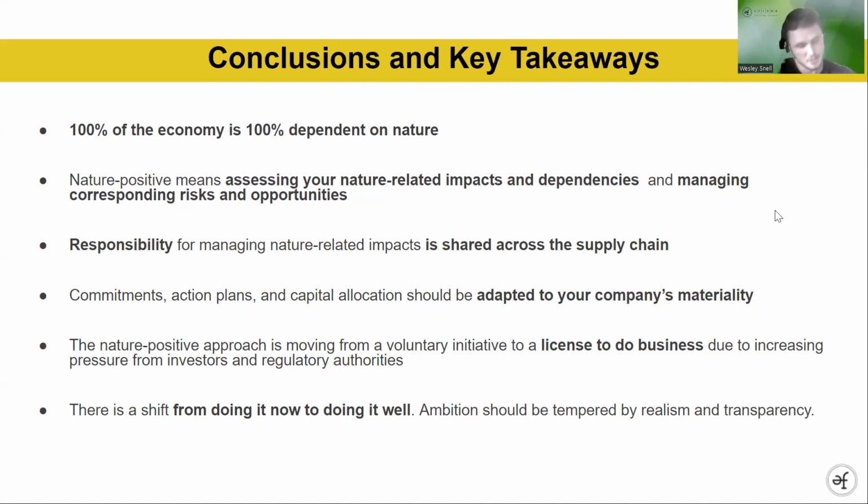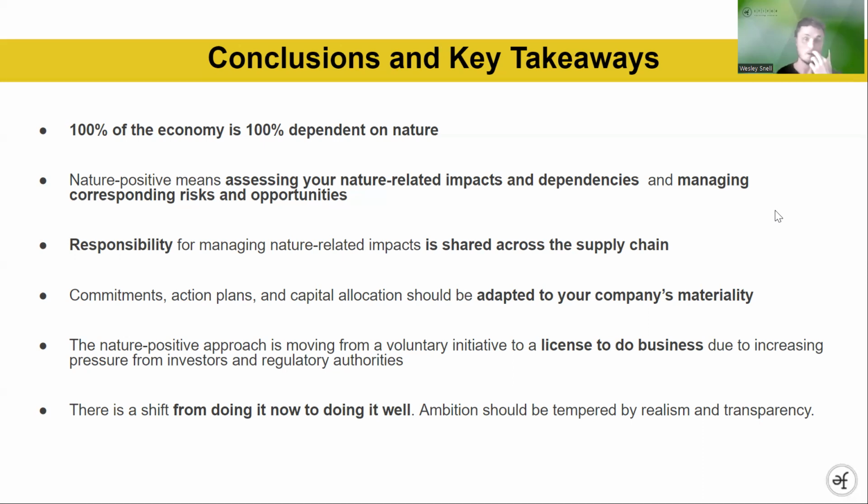The third, and this is a hard one for a lot of companies to get, is that the responsibility for these impacts is shared across the supply chain. It's not sufficient for you to just cover your direct operations. Investors and regulatory bodies want to see that you're engaging upstream to minimize your impacts. The fourth is that whatever commitment you make, whatever action plan you develop, and how you allocate your capital should be adapted to your company's materiality.